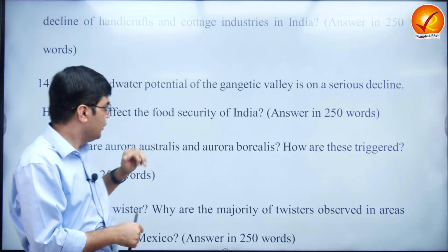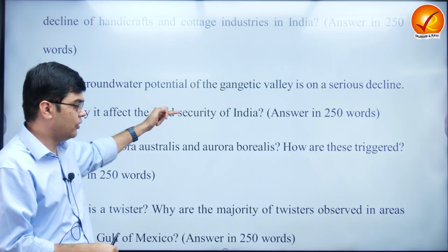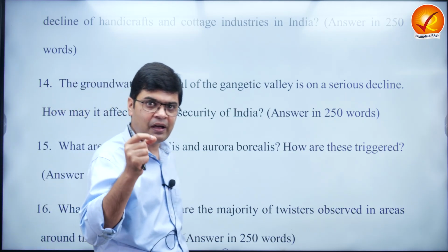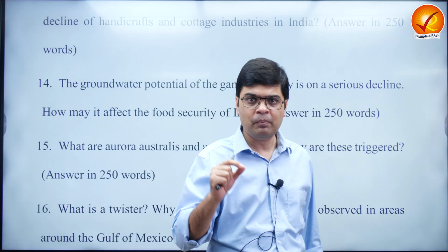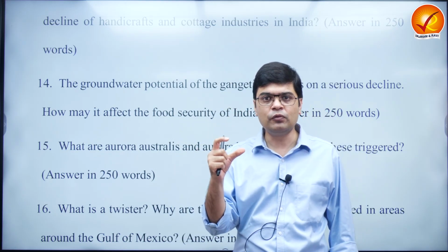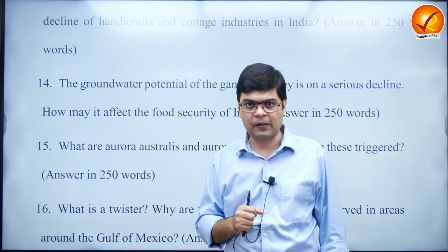Okay, then you come to the second part, how it may affect the food security. Now give us a heading, effect on food security, and then you write that Gangetic Valley is one of the very fertile areas producing a lot of food, and the food grains produced in these areas are used for feeding large number of people all across the country.